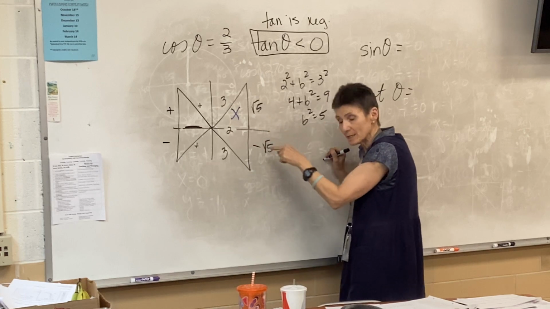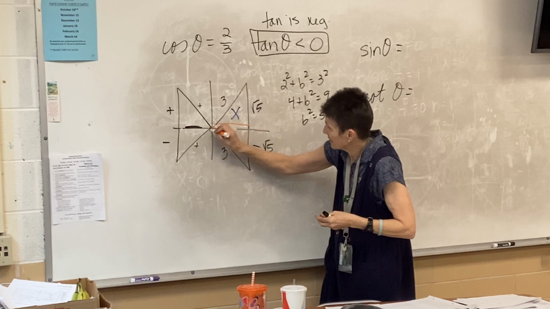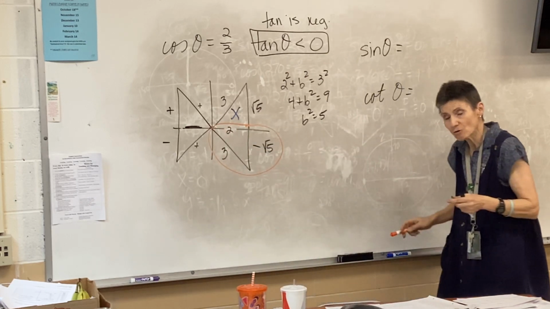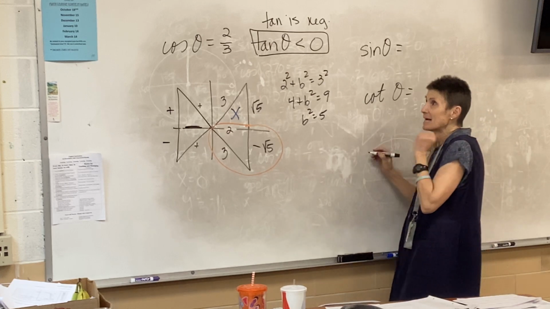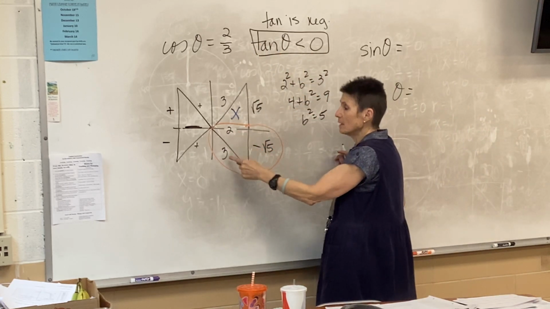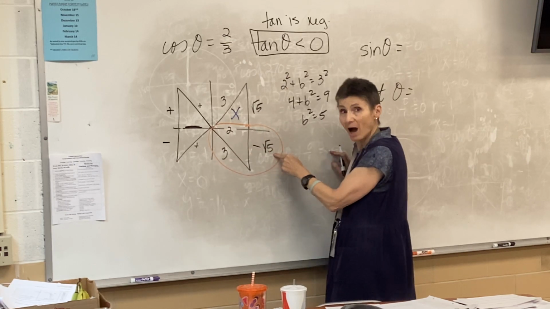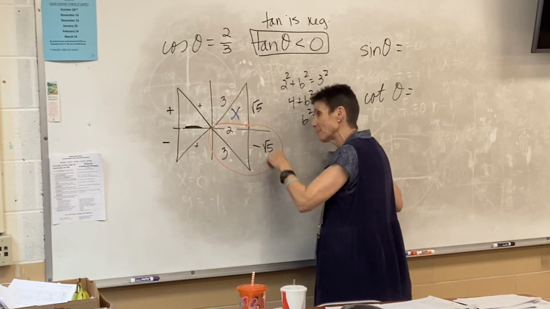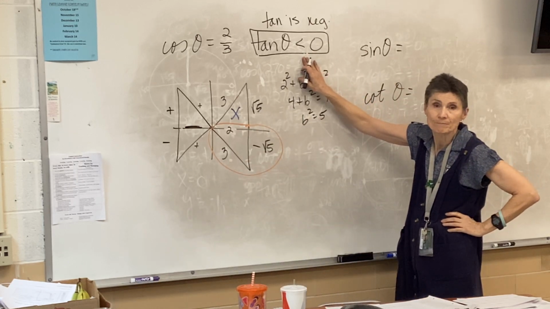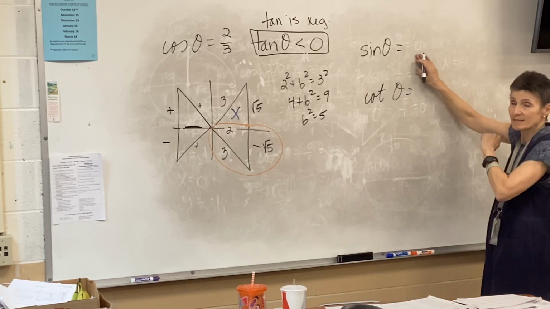This is where you need to be. This is the triangle that we're talking about, because that is the triangle that has a positive 2 adjacent, a positive 3 hypotenuse, and a negative opposite, so that when you do opposite over adjacent, it turns out negative like it's supposed to.